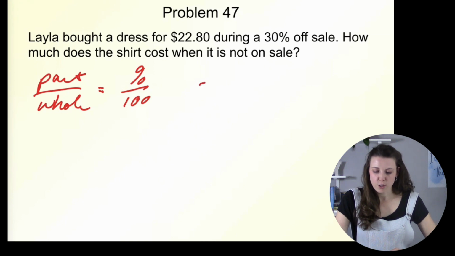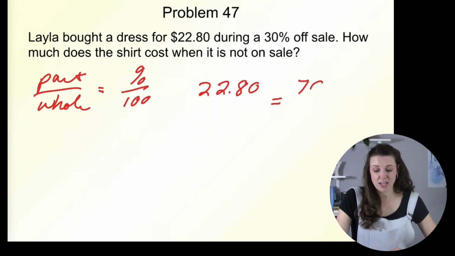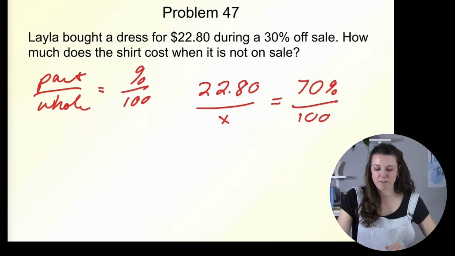So she paid $22.80, and that represented 70%, not the 30%. So my whole is going to be X, and then right here I have 100. So I'm going to cross multiply, so 22.80 times 100 is 2,280 equals 70x. Divide both sides by 70.